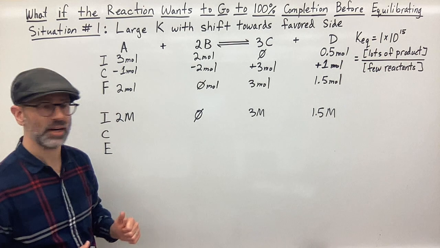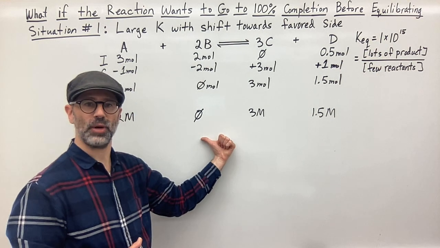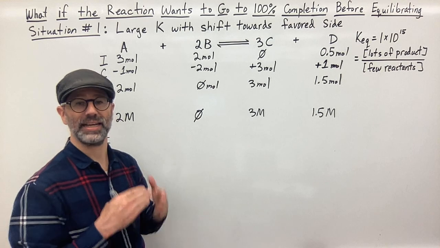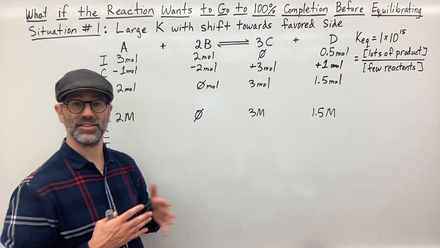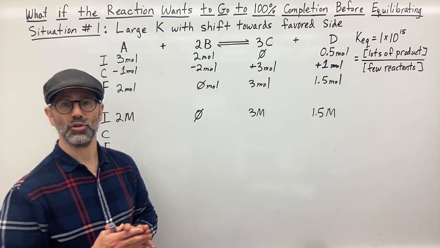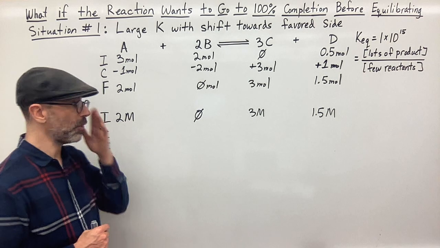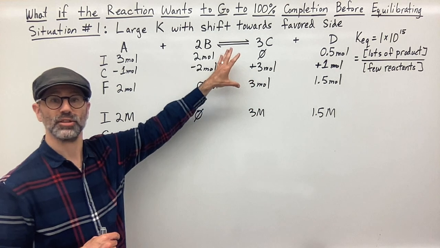It favors products. So I know that it's going to be a teeny tiny shift this way. So now I can neglect my X. I can assume that X is going to be so small that I can ignore it when I'm doing my ICE table. So that is why you want to do your stoichiometry first.